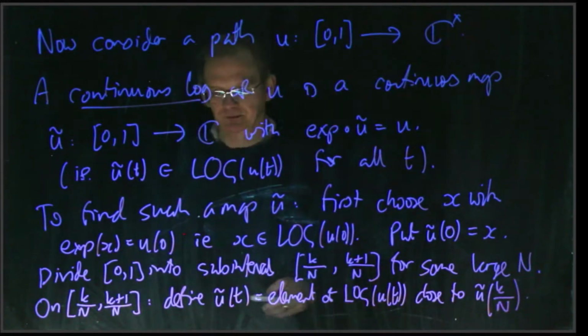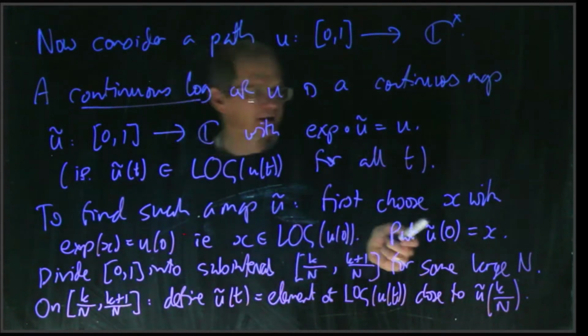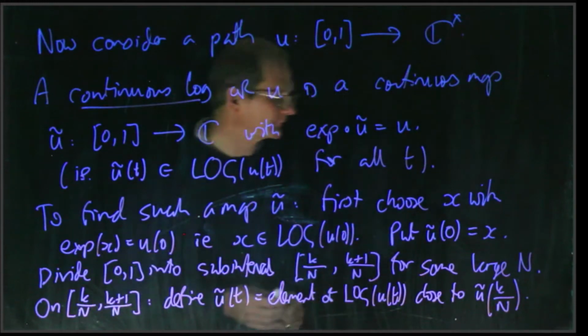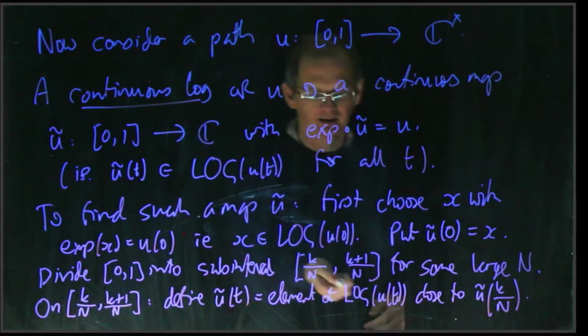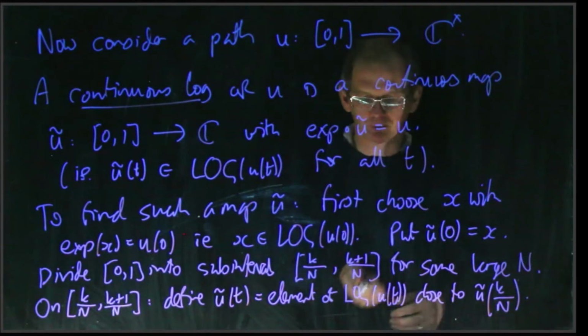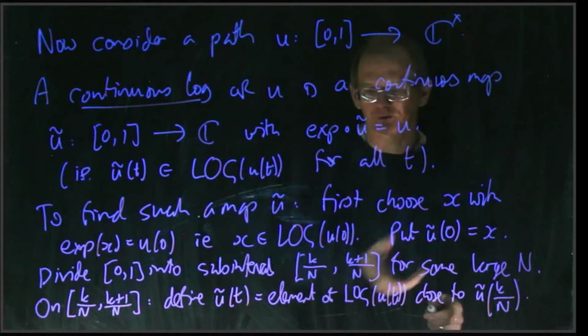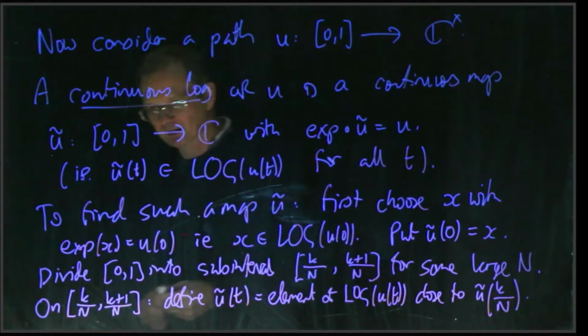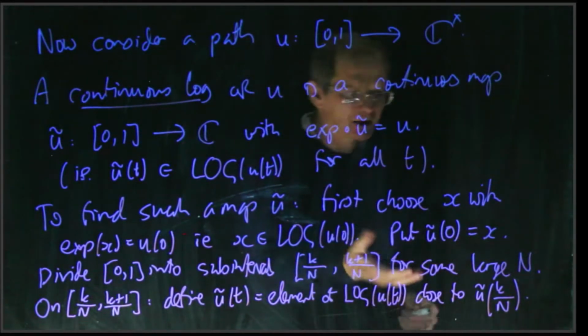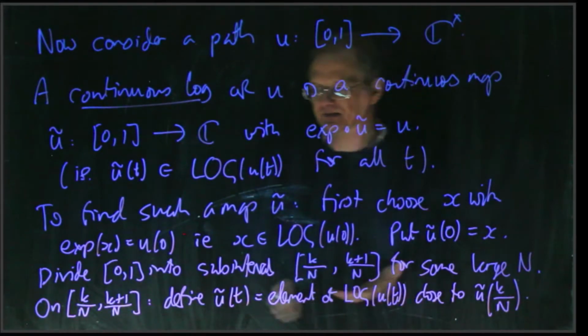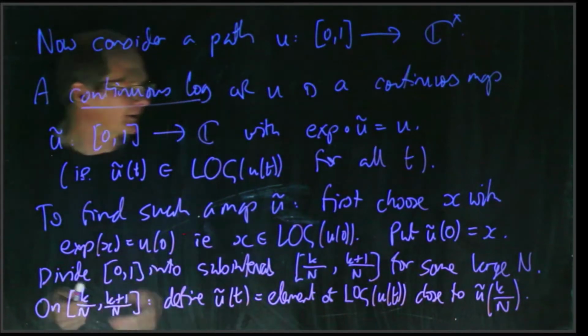Okay, so we start. We've defined u tilde of 0. So on the first interval from 0 up to 1 over n, we want to choose u tilde t to be some possible logarithm of u of t. Now u of t, because n is supposed to be large, and t is on this first interval, is going to be pretty close to 0.